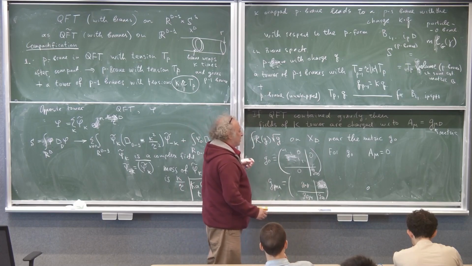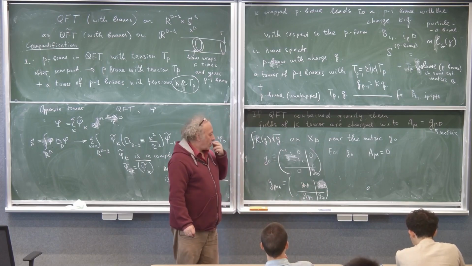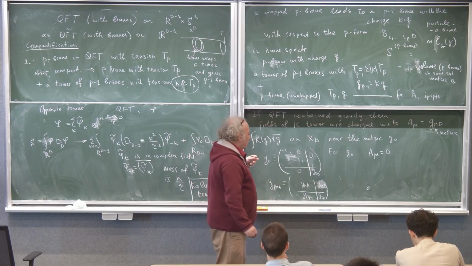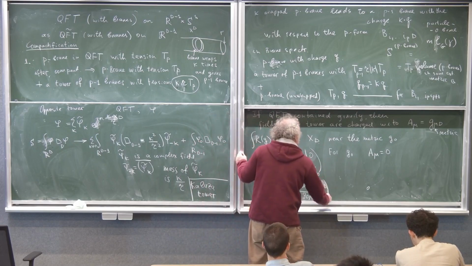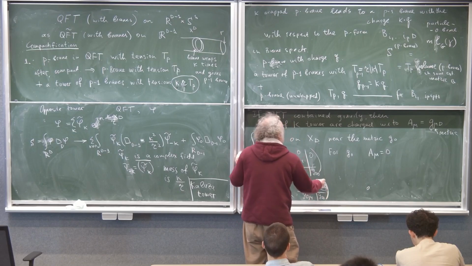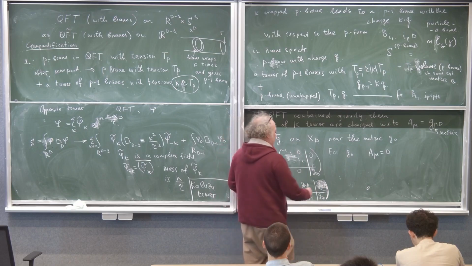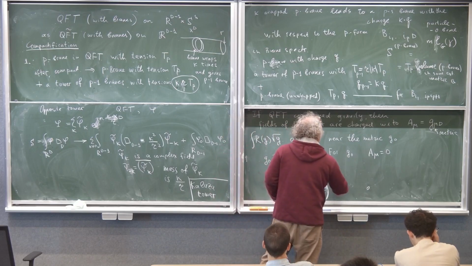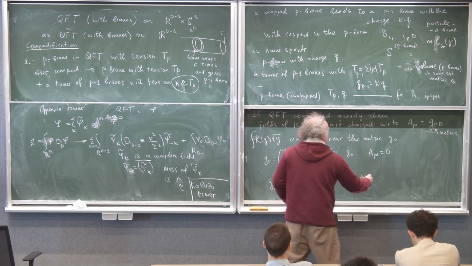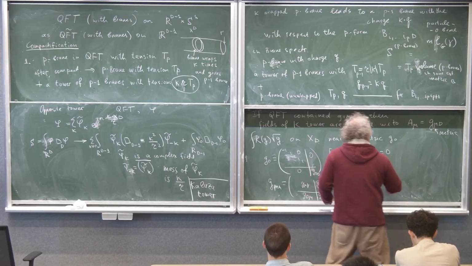So the claim that I'm going to make, and you may check it, is that this component of the metric behaves as an abelian gauge field.